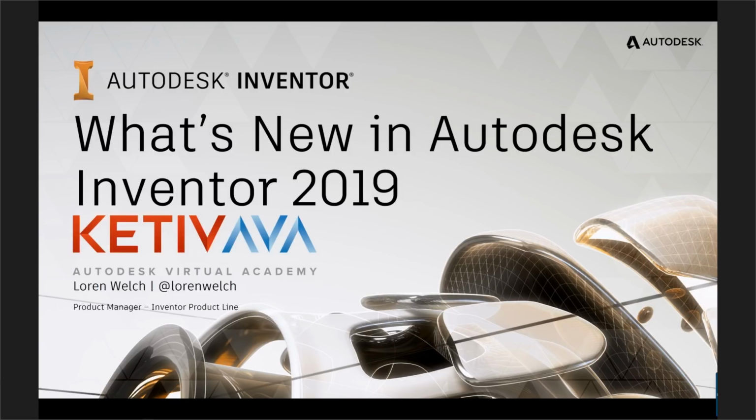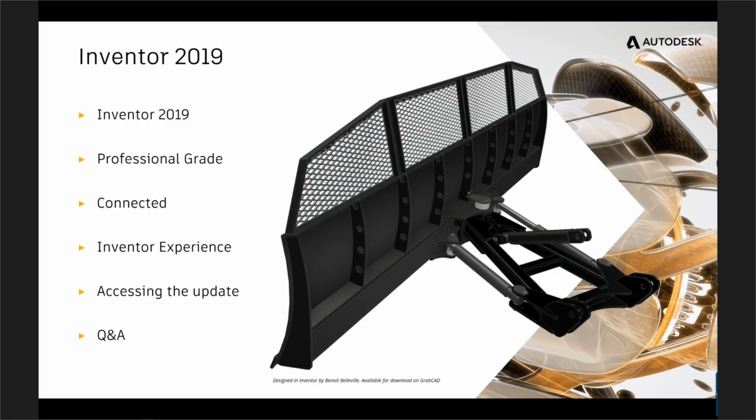To start with, when we talk about Inventor 2019, we're going to talk about overall what we did with 2019 and the areas that we focused on from an investment perspective. We really wanted to focus on three main areas: professional grade functionality, that's the core design tools and workflows that our users use every day.